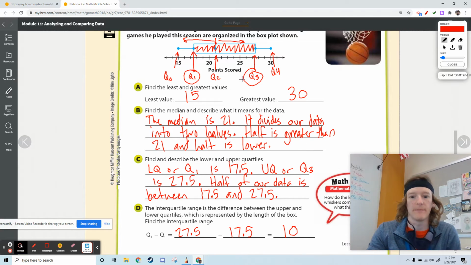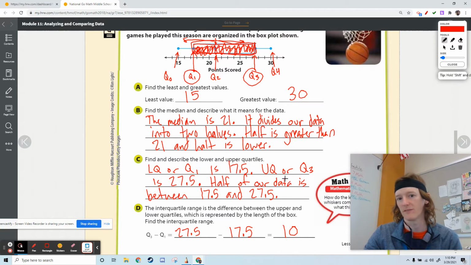Half the time in a game, he scores within 10 points, between 17.5 and 27.5. This interquartile range is a really good measure of the spread. I could say he usually scores between 17.5 and 27.5.